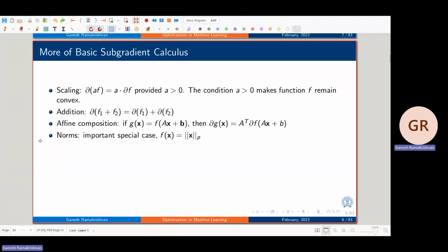So it's interesting the way you can discover it. What's your intuition? What do you think? What happened with the one norm? Two norm. What's the derivative of two norm? The square of the two norm.